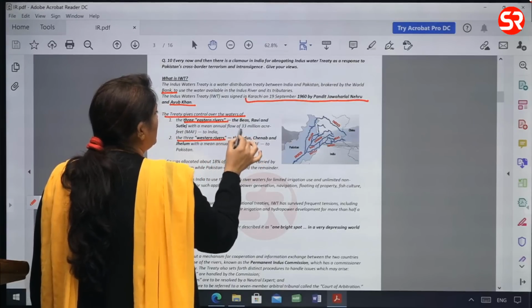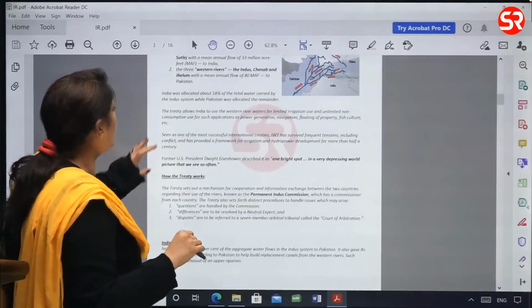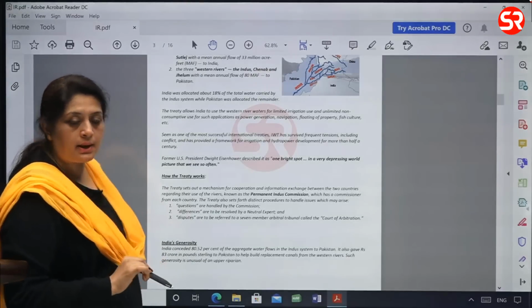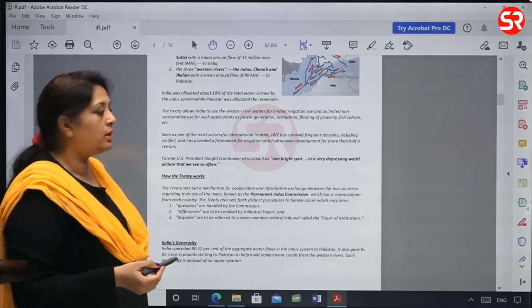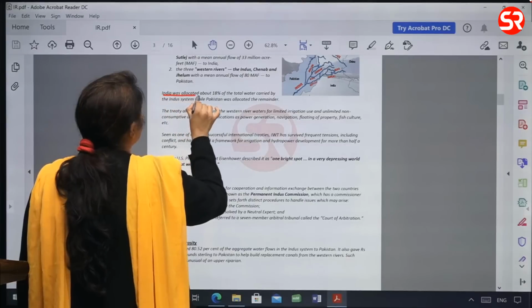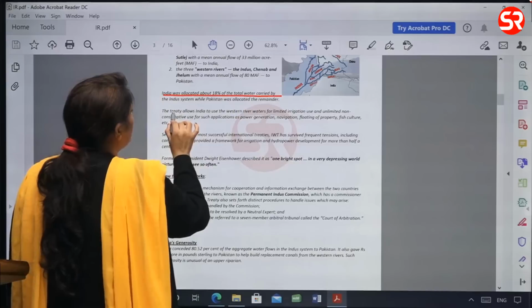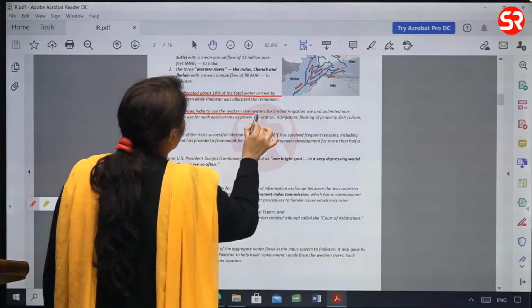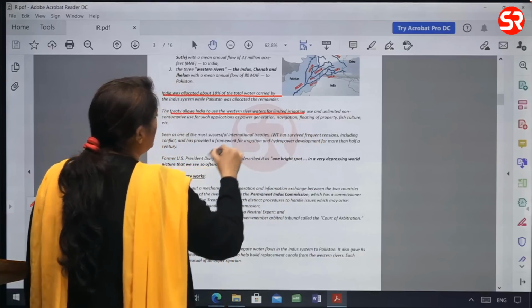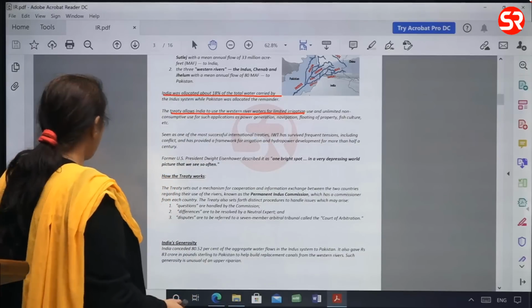But Pakistan gets the greater share, and this is a unique treaty where the lower riparian state has the lower share or is at a disadvantage. India was allocated about 18% of the total water. The treaty allows India to use water of the western rivers for limited irrigation in a manner that should not reduce the flow to Pakistan.